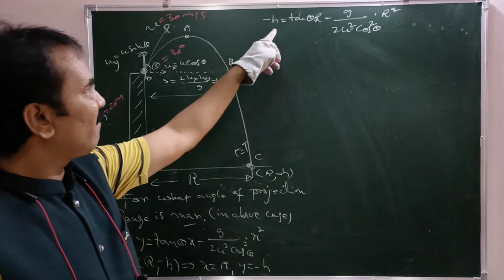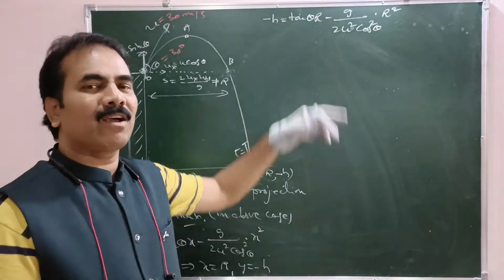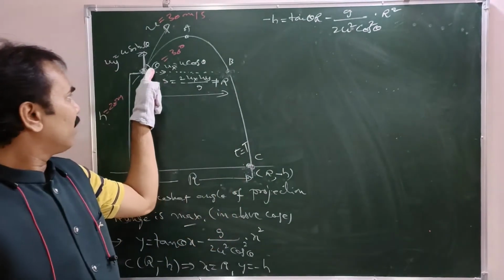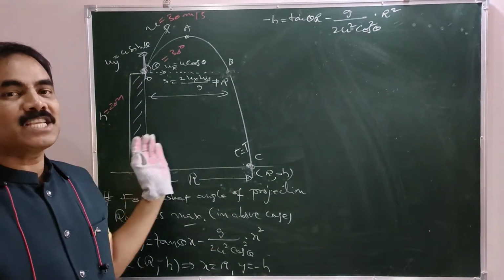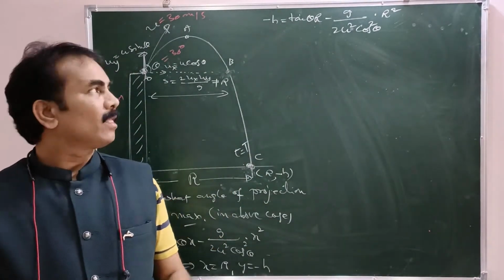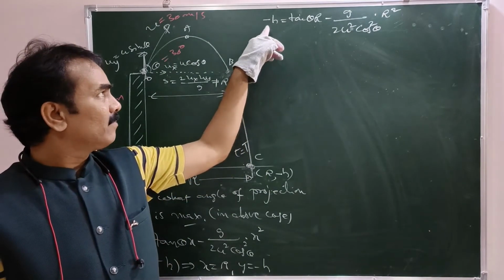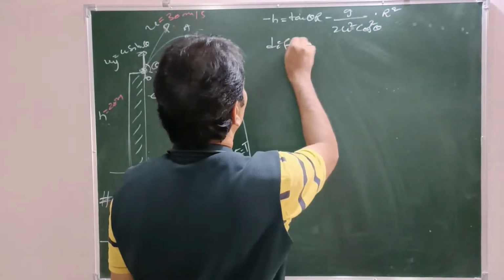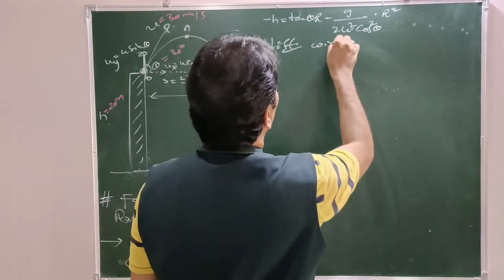Suppose I differentiate with respect to theta. Why? Because we are going to find the angle of projection for which range becomes maximum, right? So I am differentiating the entire expression with respect to theta.